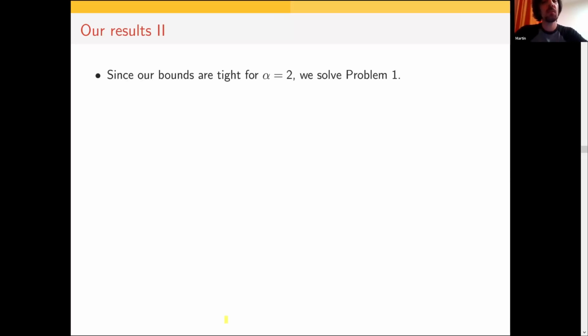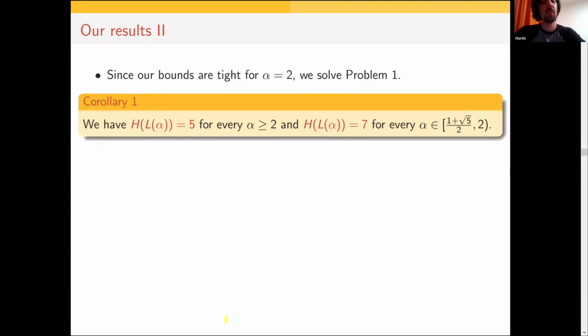So this gives a solution of problem 1. Actually, our bounds are tight for more of the alphas. So if alpha is at least 2, then we know that the Helly number of this exponential lattice is exactly equal to 5. If alpha is at least the golden ratio and less than 2, then we also have a tight bound. We know that the Helly numbers of L alpha are exactly equal to 7.